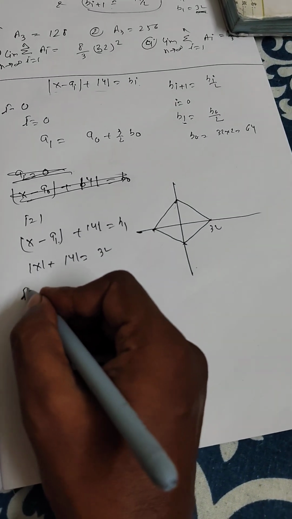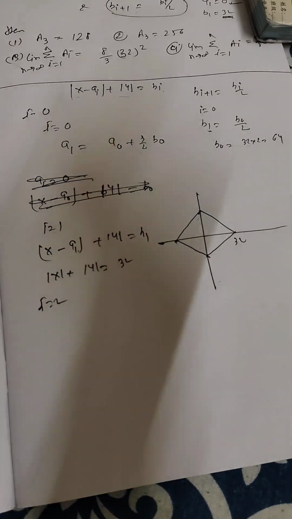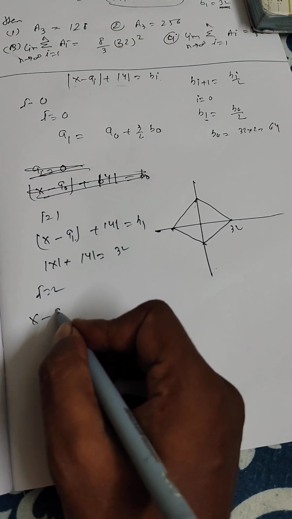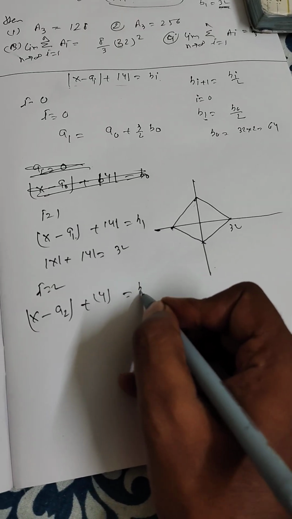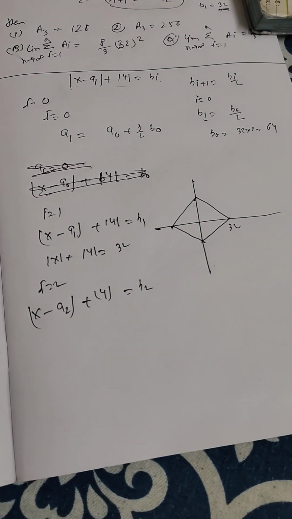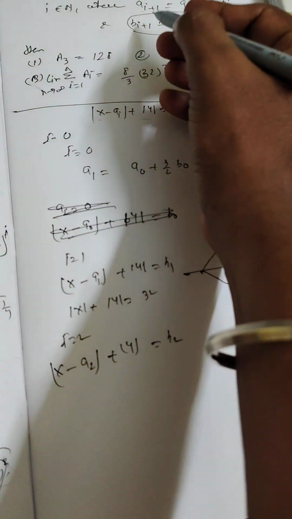Now put i = 2: |x − a2| + |y| = b2. Now we need to find a2 and b2. Start at this place.